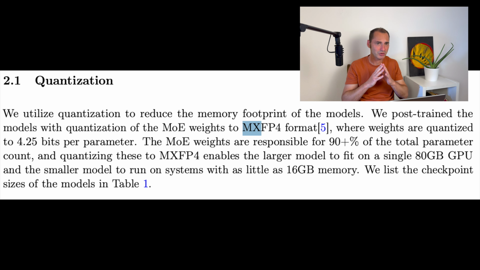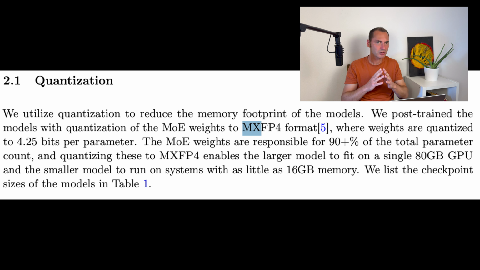The hardware efficiency of both models is quite impressive for their size. The bigger model can fit on a single 80 gigabyte GPU, and the smaller model is meant for on-device use cases and can fit a 16 gigabyte GPU.